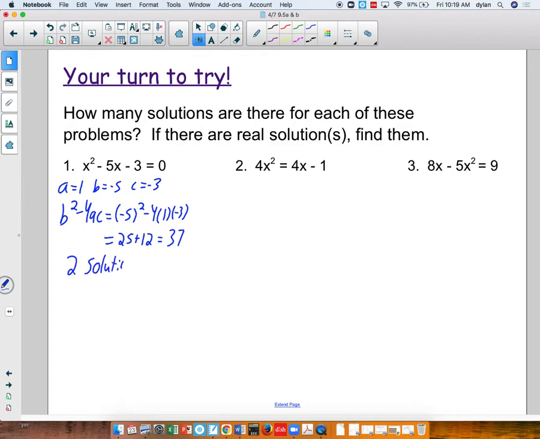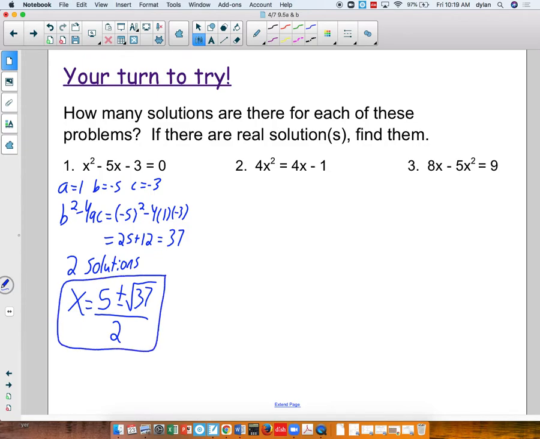Now the cool thing is, once you've found the discriminant, the quadratic formula is really fast, because our quadratic formula is x equals negative b, so negative 5, which is just 5, and then it's plus or minus the square root of the discriminant, plus or minus the square root of 37, all over 2 times 1, because a is 1, which is 2. Boom, quadratic formula is done.